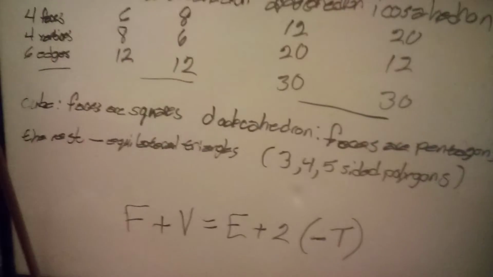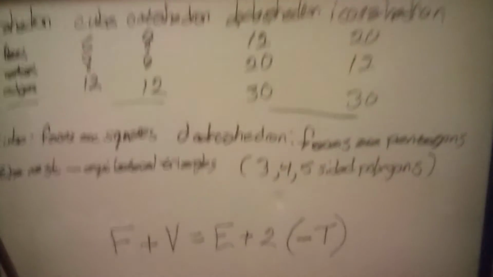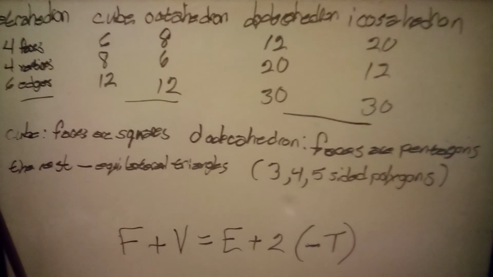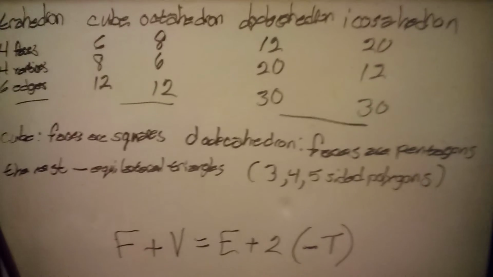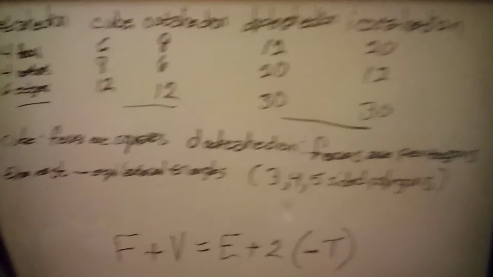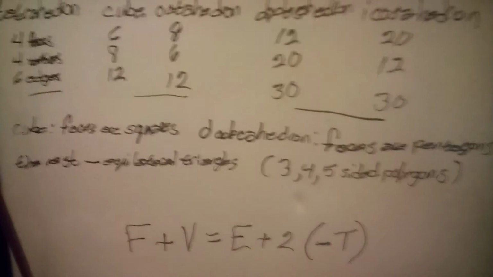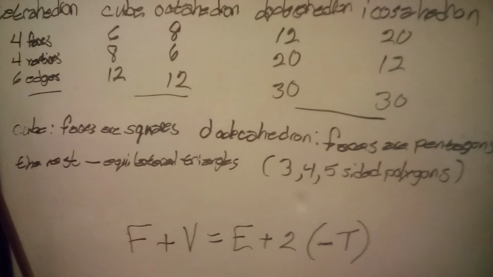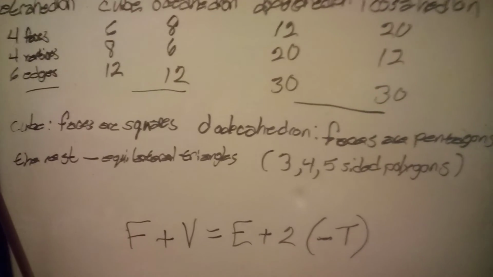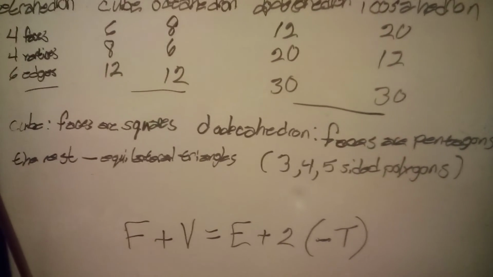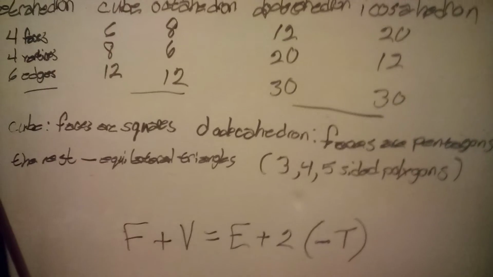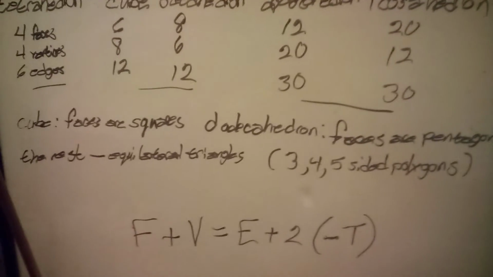Now we can group these 5 so-called Platonic solids into 3 categories, which we call duals. We call them duals because when one figure is inscribed within its dual, the vertices of that figure touch each of the faces of the other figure. For example, we have the tetrahedron.